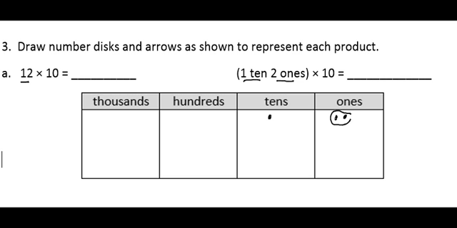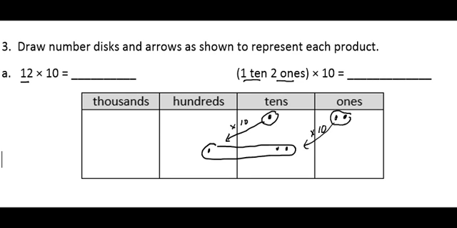So if I take my 2 ones times 10, that will give me 2 tens. And if I take my 10 times 10, that will give me 100. So my final answer is 120. So 12 times 10 is 120.